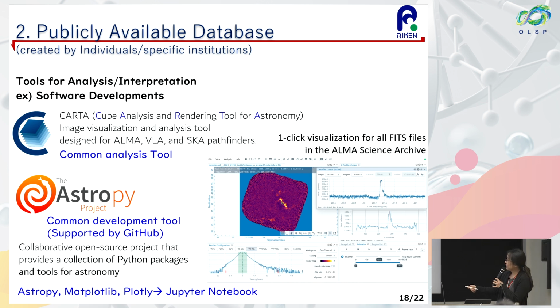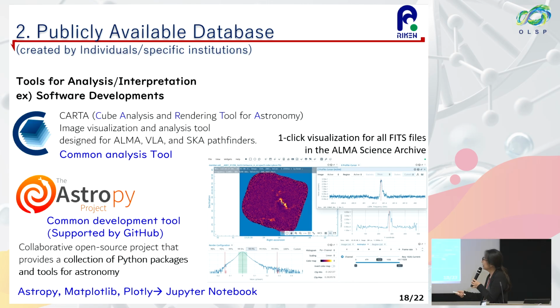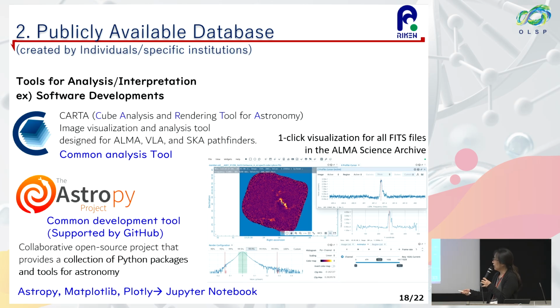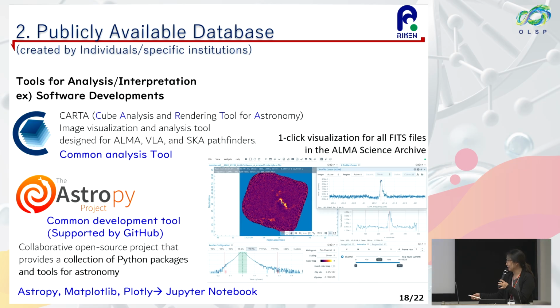And for the more secondary analysis tool, AstroPy is also a common development tool for the software, so that each of us astronomers can contribute to developing the software by using AstroPy. And then it will be implemented in the Jupyter Notebook, and then we can do analysis.